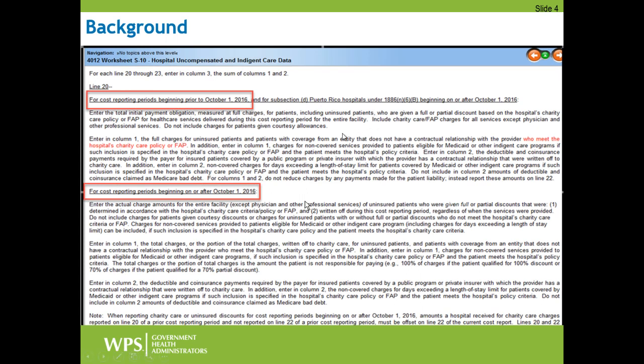If you take a look at line 20, we're going to see it in detail later on, but here are the cost reporting instructions for Worksheet S-10, as you can see right here. Line 20 for cost report periods beginning prior to 10/1/16. So if you recall the instructions, it basically says for line 20 that we're reporting the full charges for those patients, regardless of the amount that was covered for charity care.